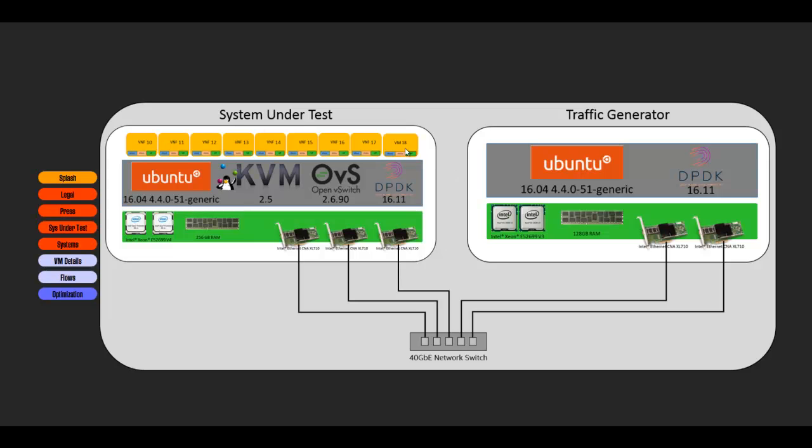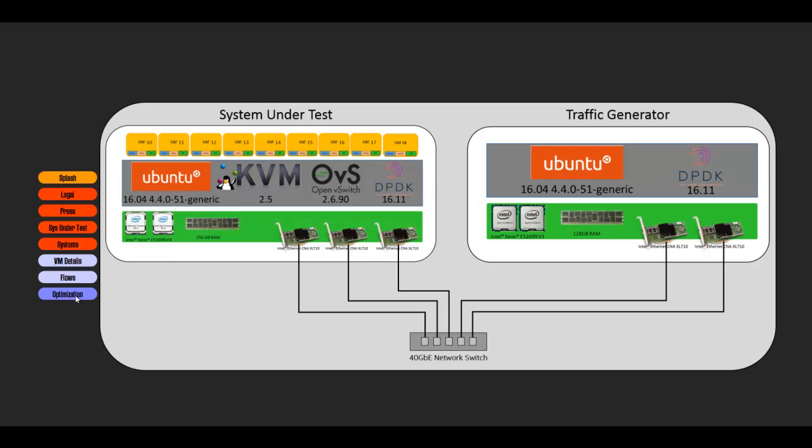The only difference is that we're going to run netperf on this with a traditional stack, and on these we're going to run a DPDK application. And then we're getting data sent to these boxes over a 40 gig device from another system running Ubuntu and DPDK pktgen. So pktgen is going to be generating the traffic and sending it over to here.